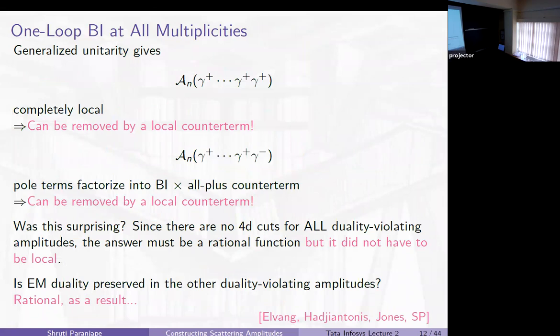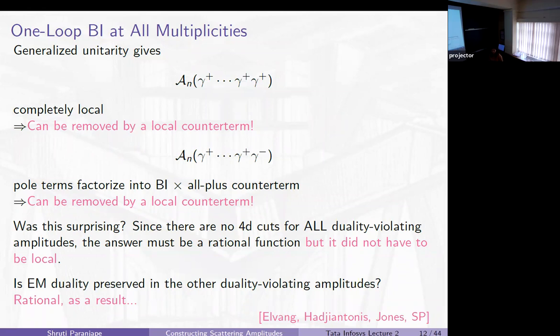This is to say that if I add a local counter term here at all n, then I can remove these contributions completely, in these 2 helicity cases. Exactly, crucially it was the same exact counter term I needed to remove the all plus.